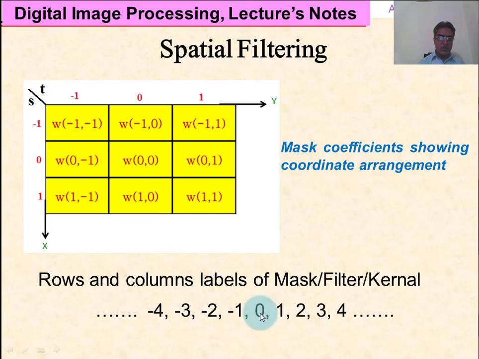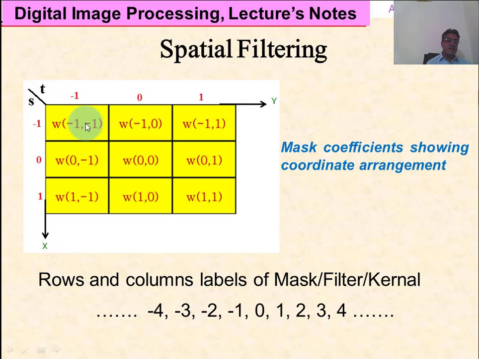So this is the procedure for how we create the labels of the mask or the filter. So what will be the first location of the filter? s is -1 and t is -1.